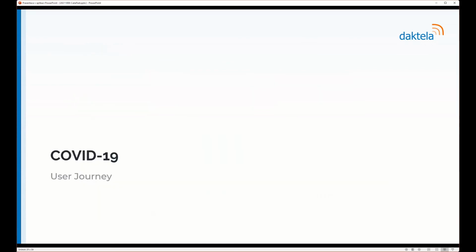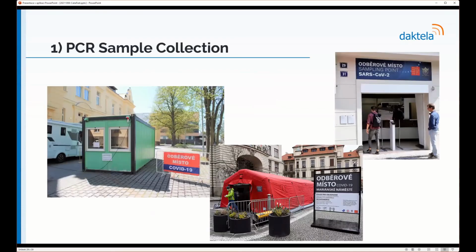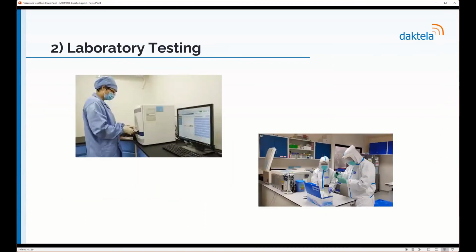So I'll just show in a few slides how the user journey looks from the perspective of the infected patient. So you can see all the applications one by one, how they fall into the chain of events. The first thing that you do definitely is you go to one of these boxes to have your PCR sample collected from your nose or from your mouth. Then of course this sample is delivered to the laboratory where you are tested for the COVID-19 presence.